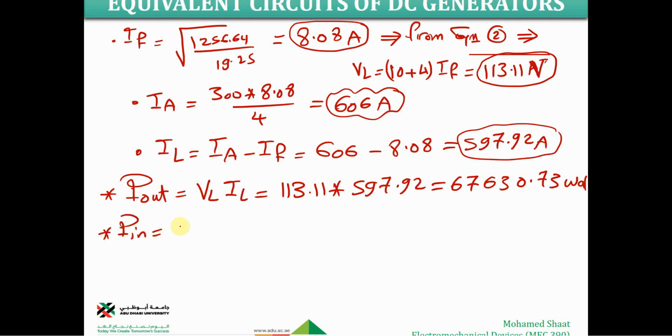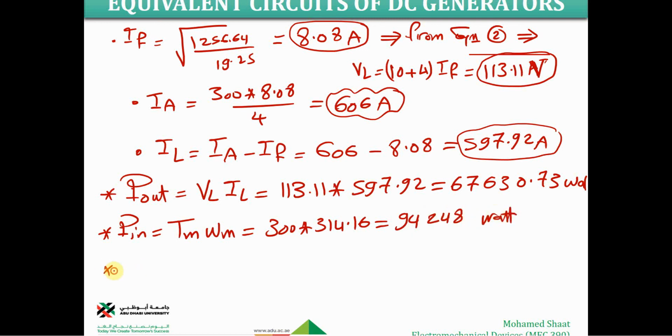To calculate the efficiency, the input should equal Tm times omega m, which are coming from the mover, which if we calculate 300 times 314.16, is going to give us at the end 94.248 watts.